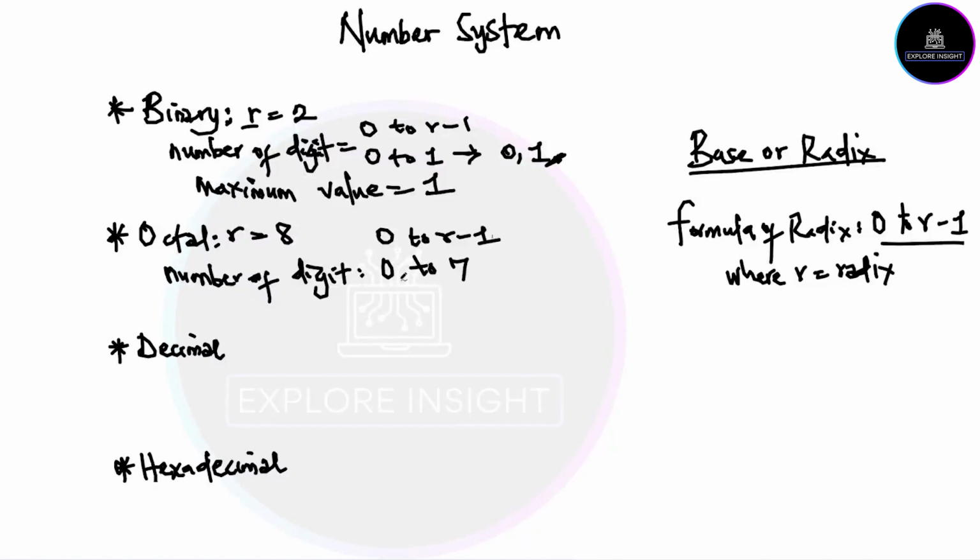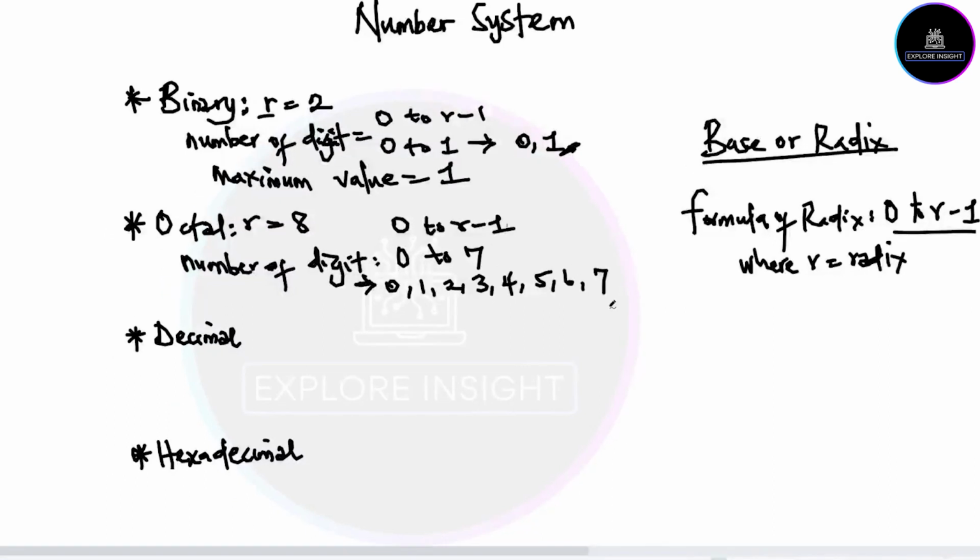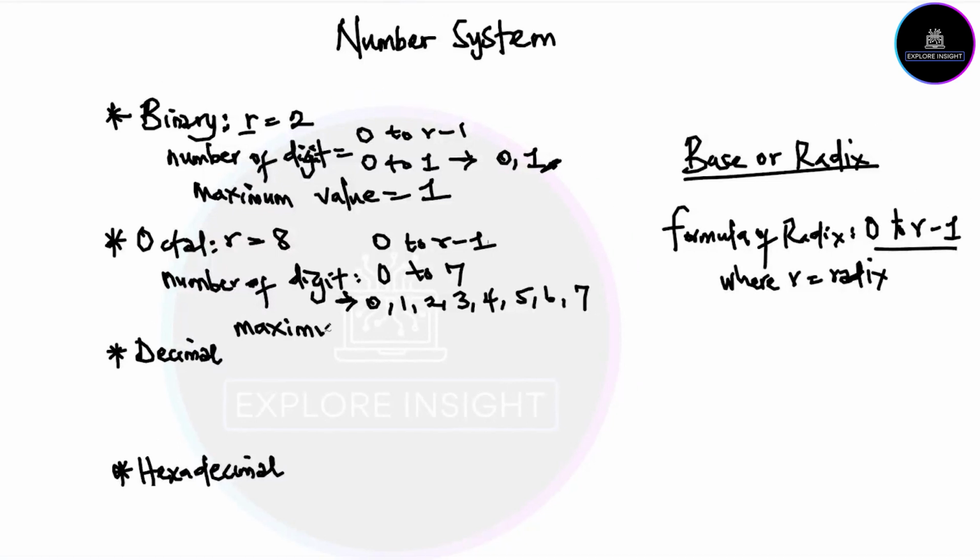The values available here will be 0, 1, 2, 3, 4, 5, 6, 7. Going further, could you please let me know what the maximum value will be? It's not far-fetched, the maximum value will be 7.